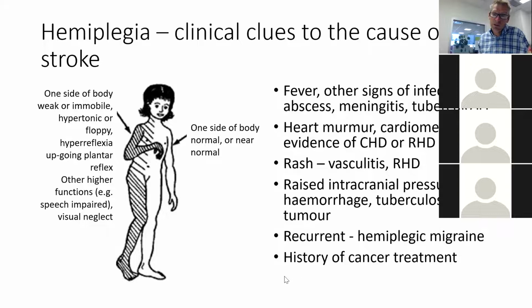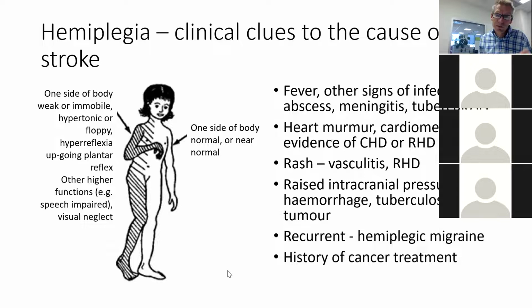And then sometimes there's a history of other things like cancer treatment that can lead you to the notion that the child has had a stroke from the medications used for cancer treatment. That's uncommon, but it does occur.